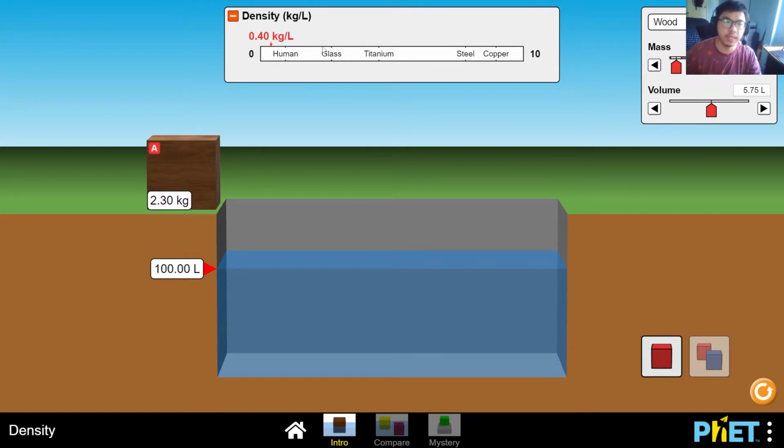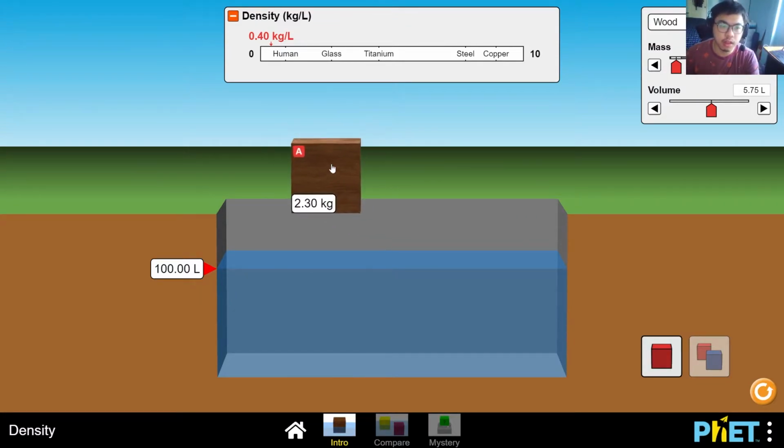If you remember, water has a density of 1 kilogram per liter. So if the object has less density than water, less than 1, the object will float. If the object has more density than water, higher than 1, then it will sink.